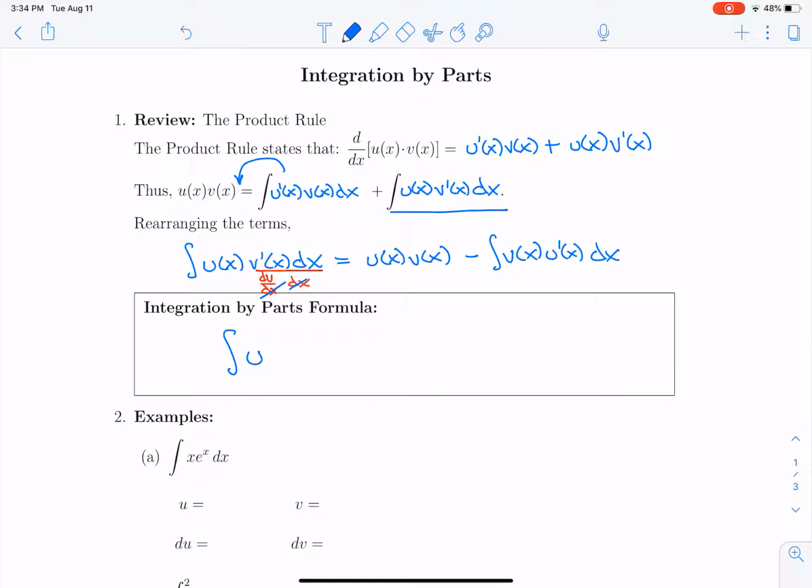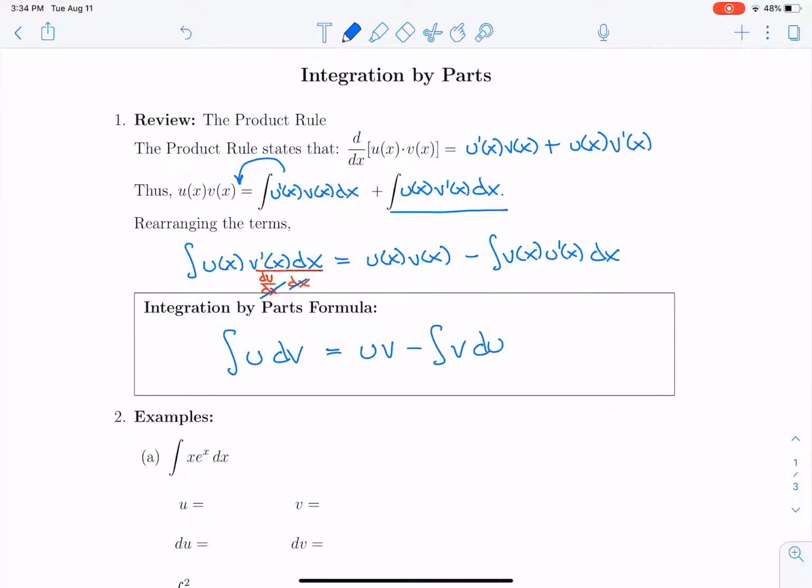And so they really write this as dv. So the integral on the left becomes the integral of u dv. And then on the right, we have u times v minus the integral of v, and then u prime of x dx is just called du for shorthand. And this is the integration by parts formula the way it's generally written.